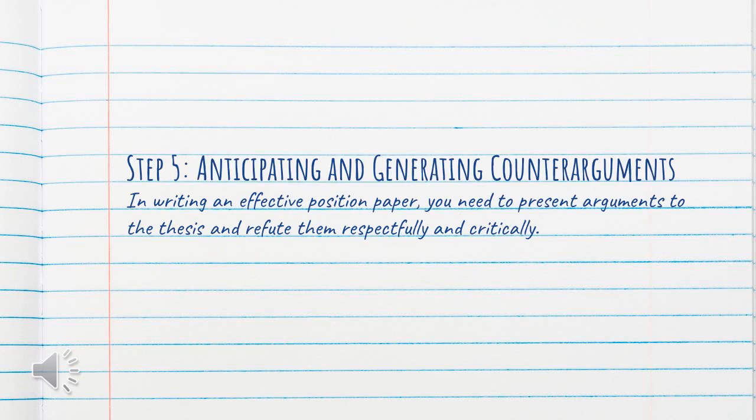Step 5, anticipating and generating counter-arguments. Here, in writing an effective position paper, you need to present arguments to the thesis and refute them respectfully and critically. So, if you really need to rebut the explanation of the other opponent or of the other person, you have to take it with respect.